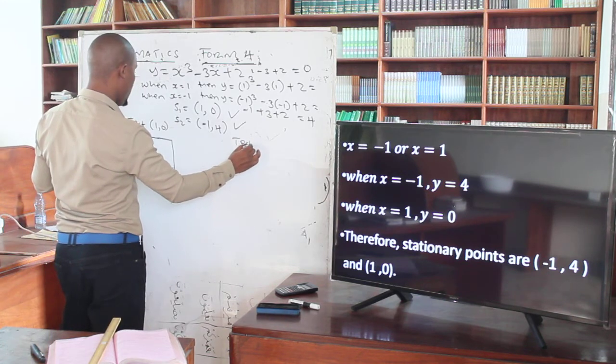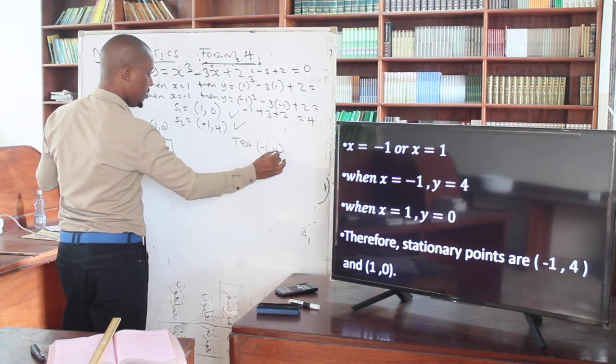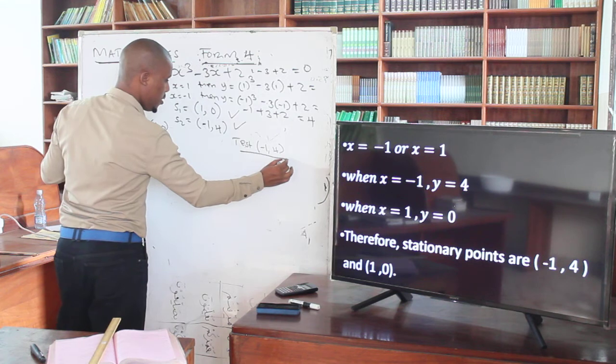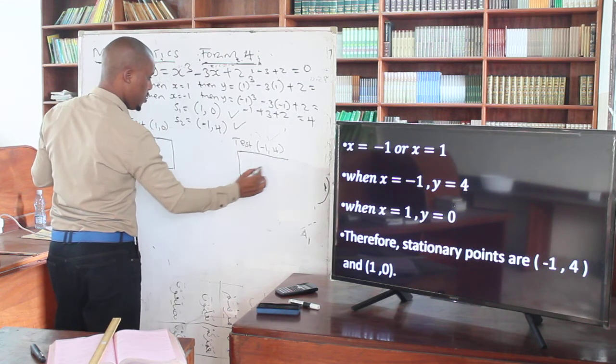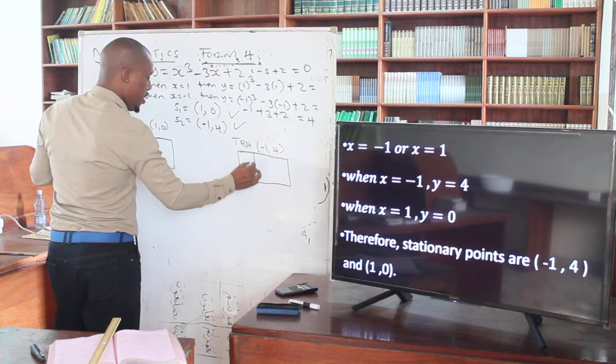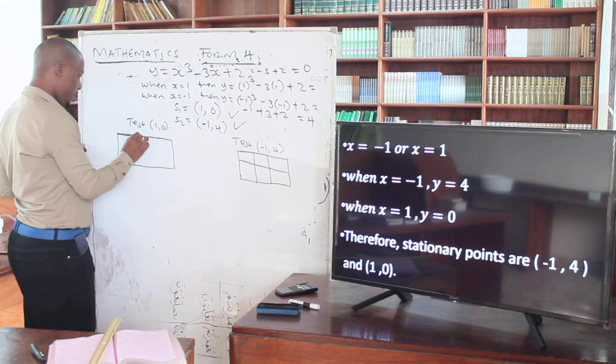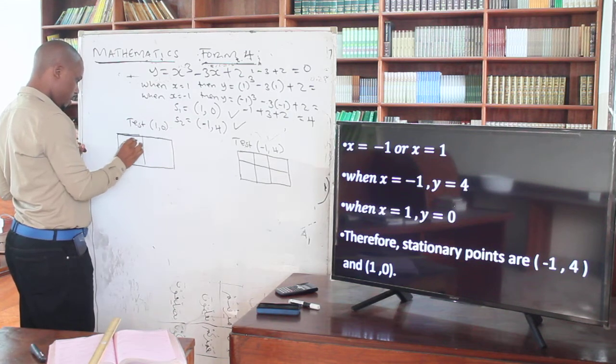This one is going to be -1, 0. So when you come here, you're testing using 3 points, one to the left, the other one to the right. That's what I want you to be very clear.